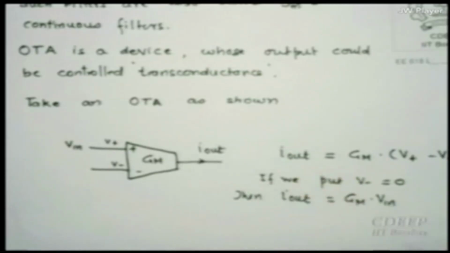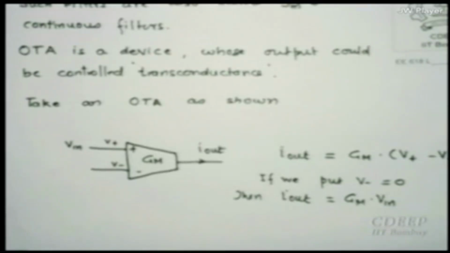The I out current is proportional to GM times (V plus minus V minus). So if we put V minus as 0, which we can do anytime, I out is GM times Vn, and I out by Vn is therefore the transconductance.